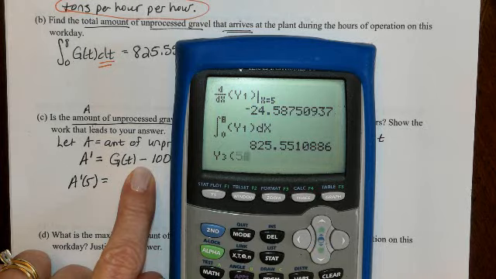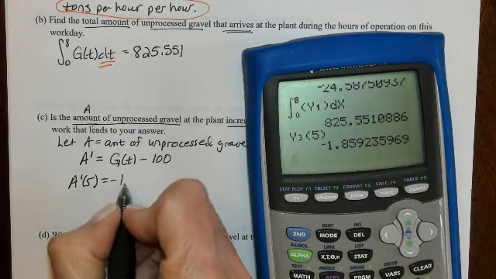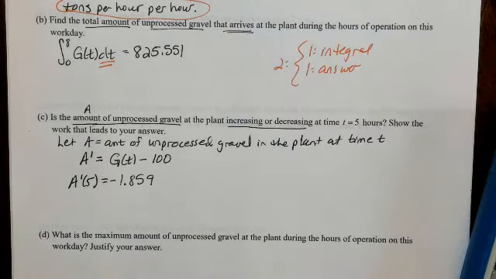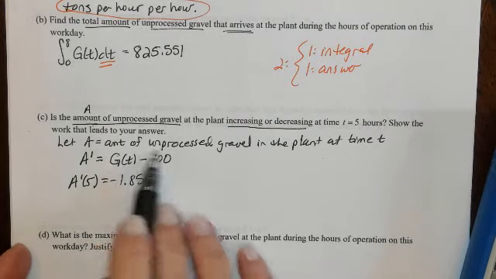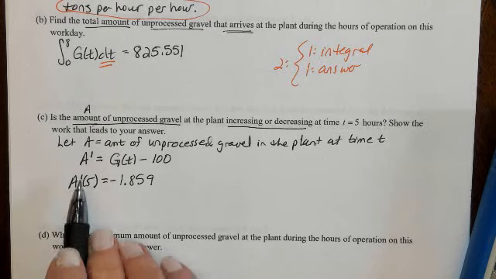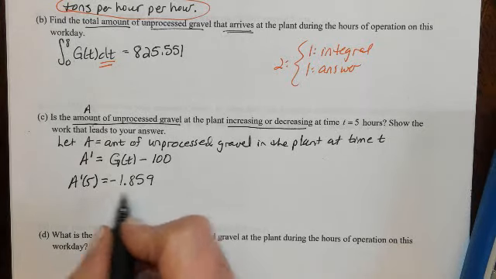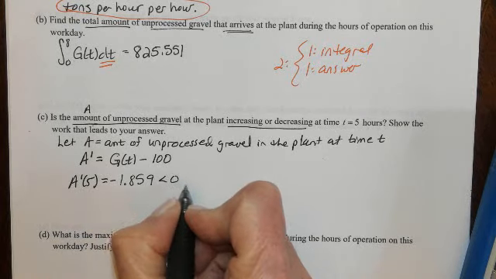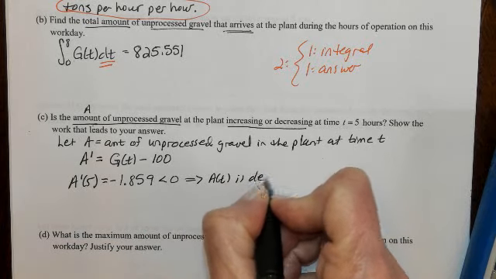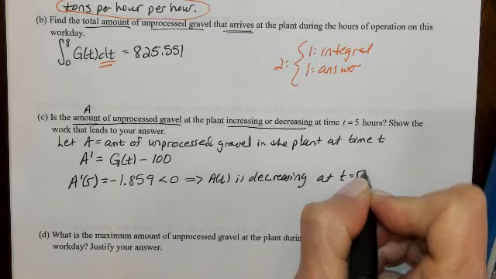So just y3 at 5. So negative 1.859. Okay? That is a mistake I have seen kids make. They take the derivative of this. If you take the derivative of that, you're getting A double prime, not A prime. You just want A prime, so you just want to put 5 in for T. That's it. Okay? So A prime of 5 is less than 0. Therefore, A of T is decreasing at time 5.